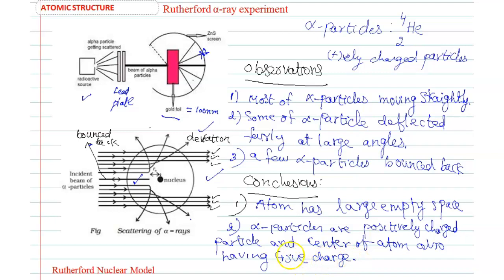If the center of the atom contains positive charge, then only repulsion between the alpha particle and the nucleus occurs, and then only deviation occurs.